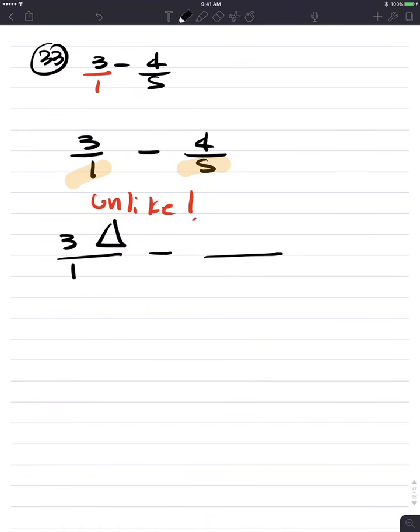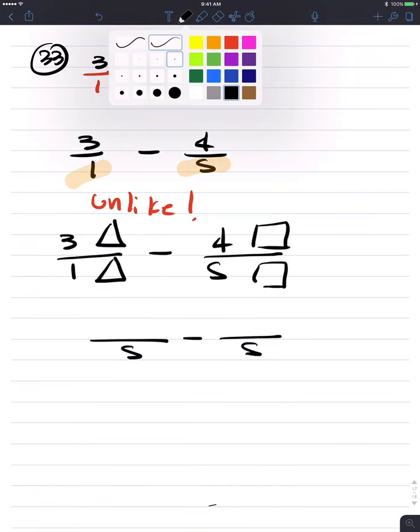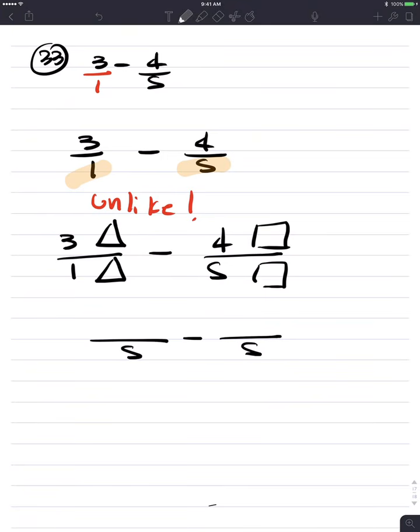Three over 1 triangles, 4 over 5 squares. My LCM of 1 and 5 is 5. We have to determine what goes in our triangles and our squares. 1 times 5 is 5. 5 times 1 is 5. So a 5 goes in the triangles, a 1 goes in the squares.